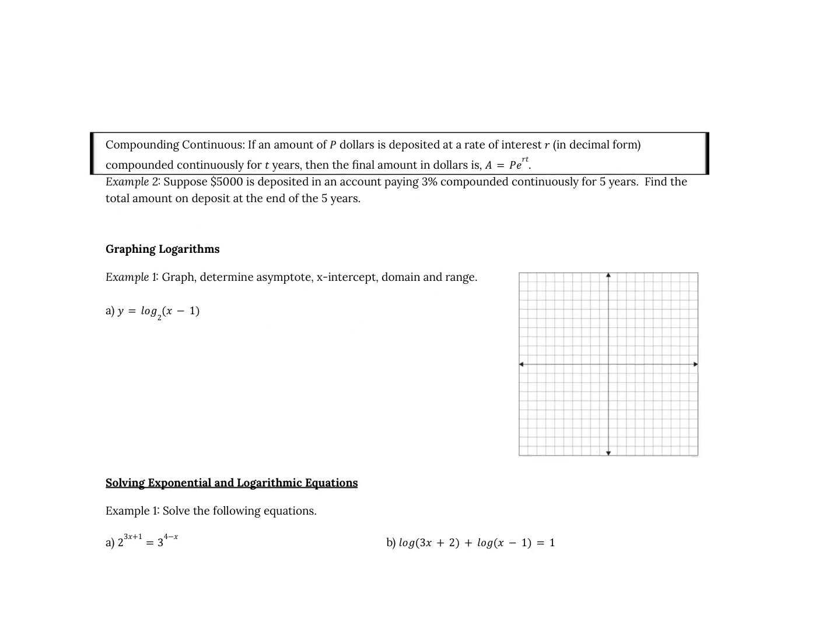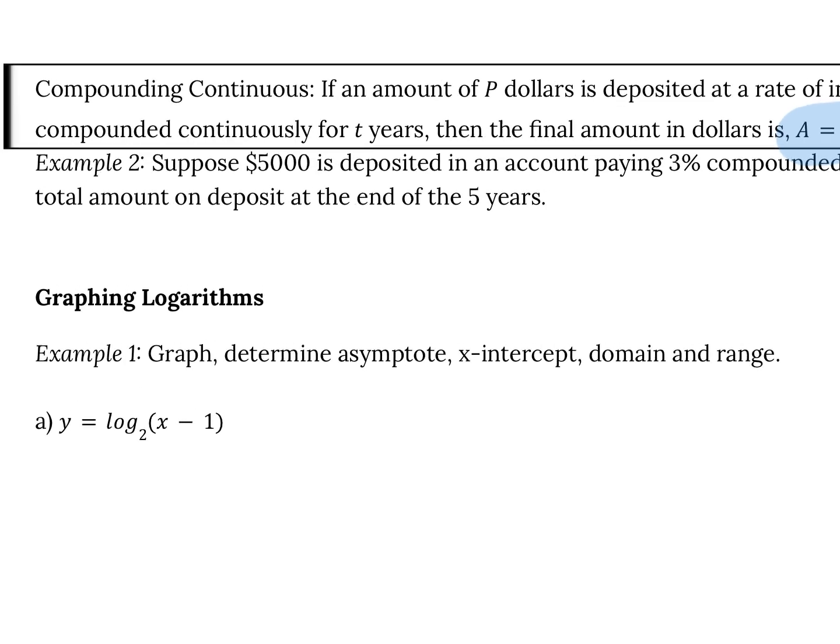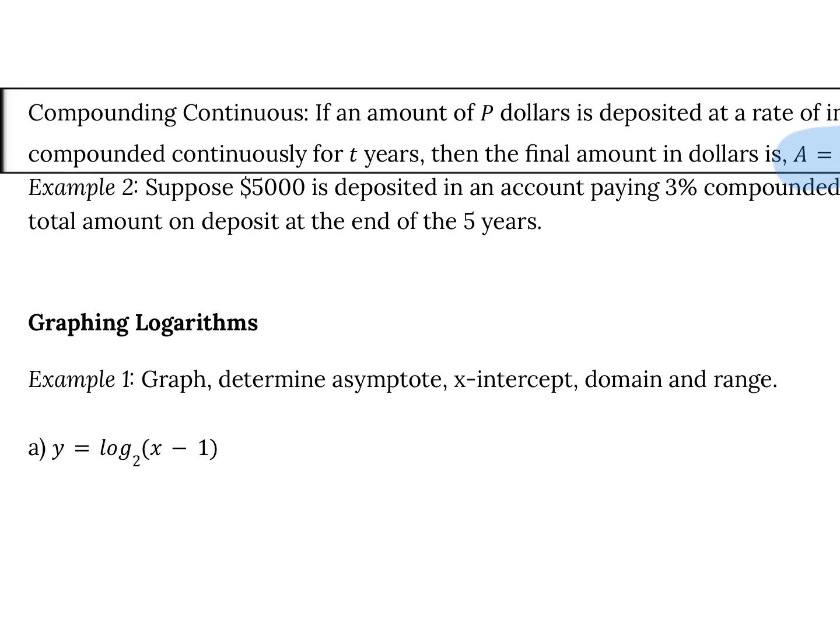Okay, the other formula that you might want to add on there is your compounding continuously, so your PERT formula. Another straightforward example here. We've got $5,000 deposited in an account paying 3% compounding continuously. How much are you going to have after 5 years?